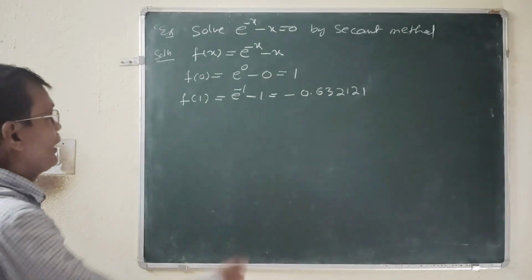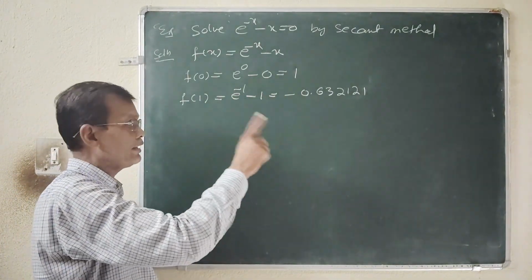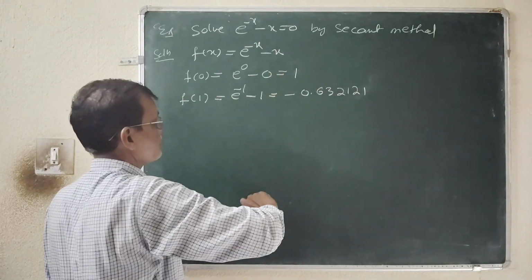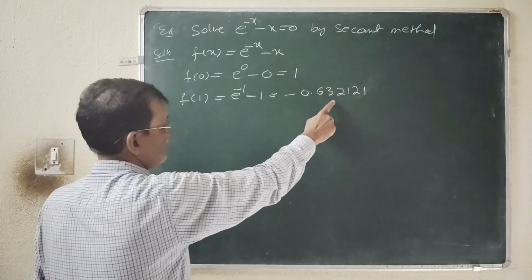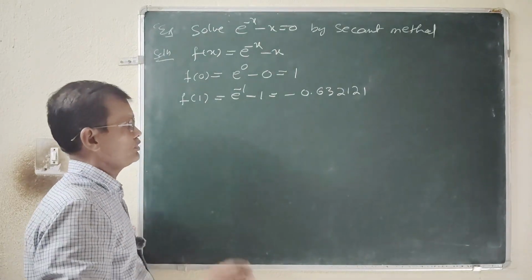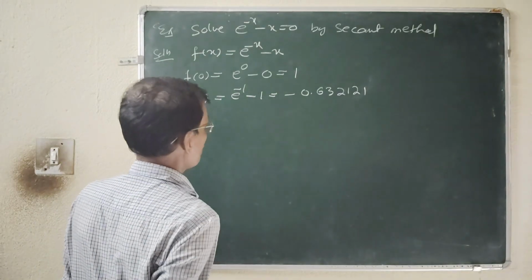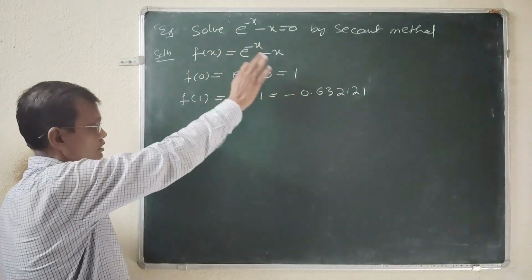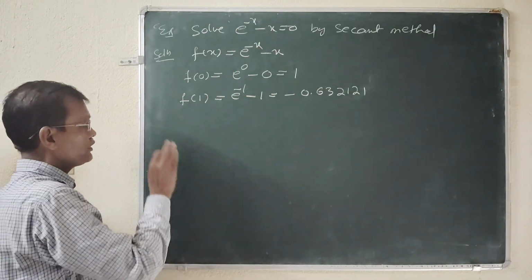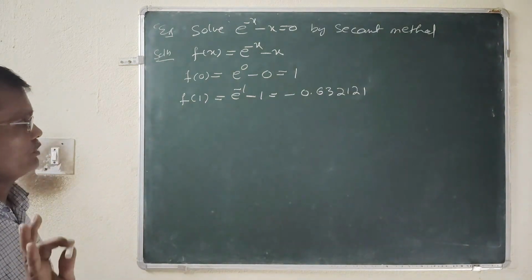Once we find these values, we will observe whether these two values are close to 0 or not. This one is close to 0, it may be positive or negative, no matter, but it should be close to 0, and this one also we may consider nearly equal to 0. So from this discussion we conclude that we can consider 0 and 1 as the two initial approximate solutions.